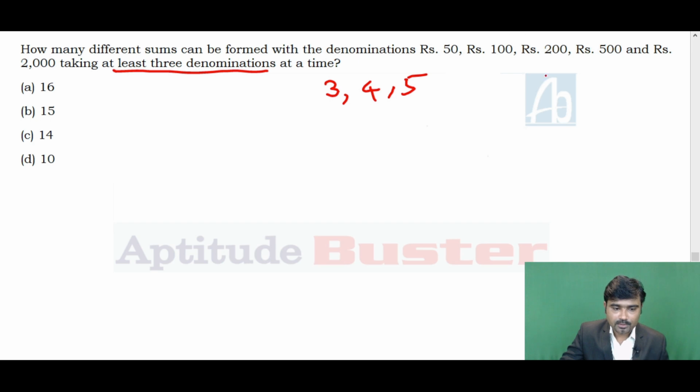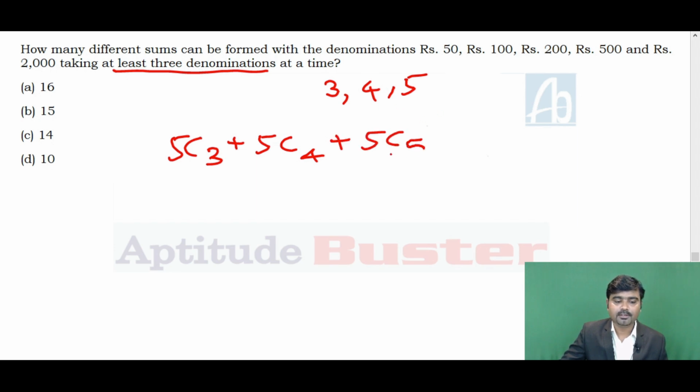From 5 denominations we need to choose 3. That means 5C3 ways, it is a combination, plus 4 denominations from 5 can be chosen in 5C4 ways. Next, 5 denominations from 5, that's 5C5 ways.